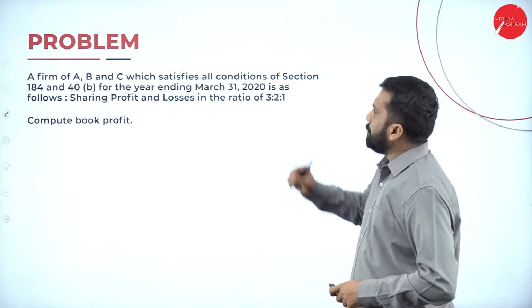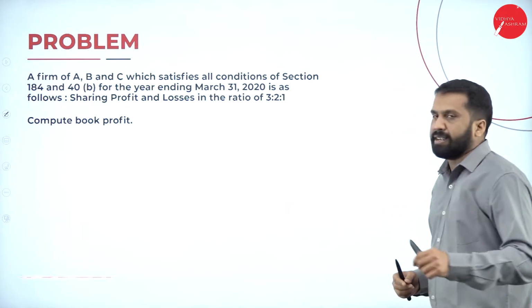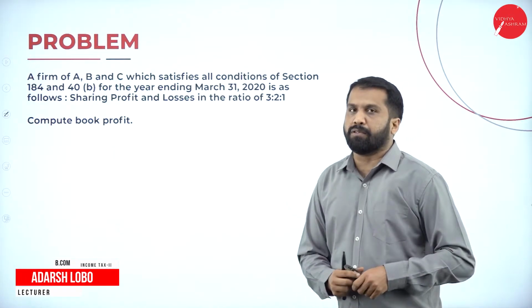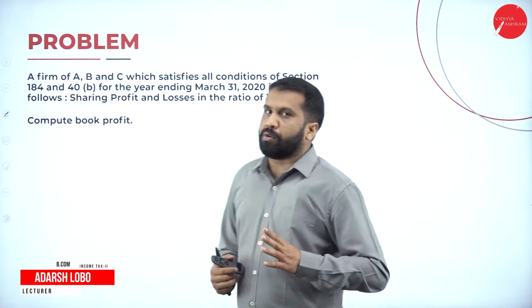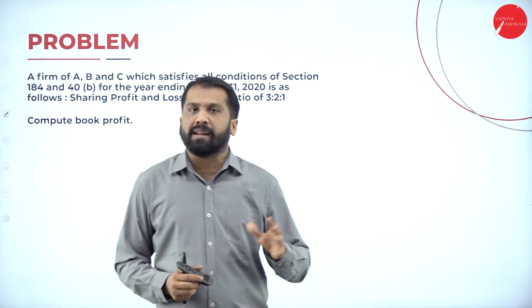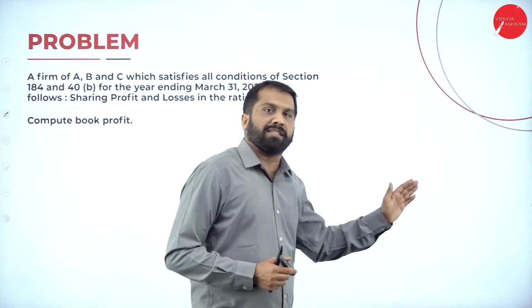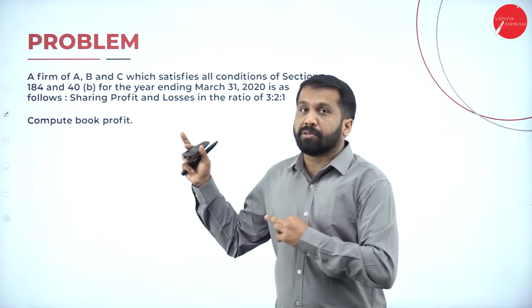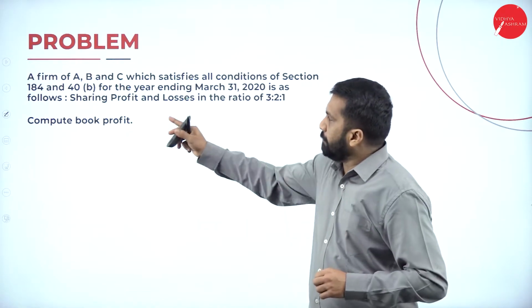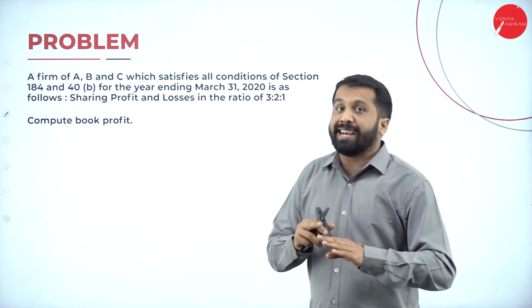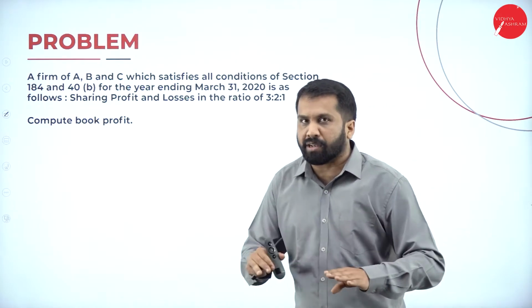Now, a firm A, B and C which satisfy all the conditions of section 184. What is section 184? Remember, what do we calculate, like interest on capital? How do we calculate excess of 12% we are supposed to take? That is only your section 184. If it doesn't follow section 184, then what are we supposed to do? Excess of 12% concept is not there.